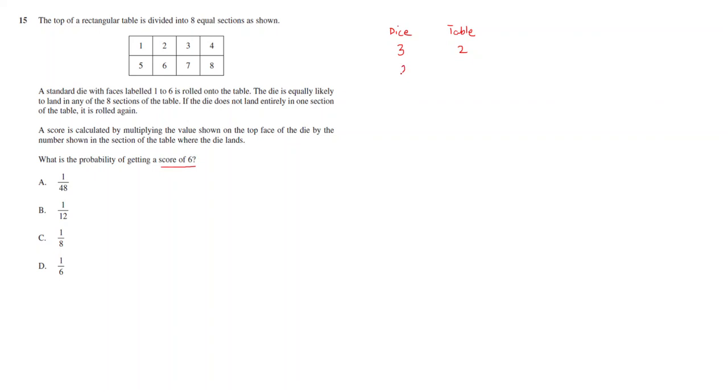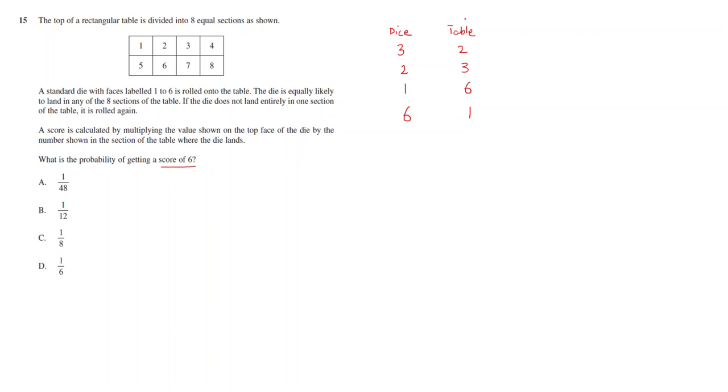The opposite is also true. If the die comes out as 2 and it lands on 3, then that's 6 as well. Another way is if the die shows 1 and it lands on 6 on the table. Again, the opposite, if it is 6 on the die and it lands on 1. So these are the 4 different ways in which you can get a score of 6.